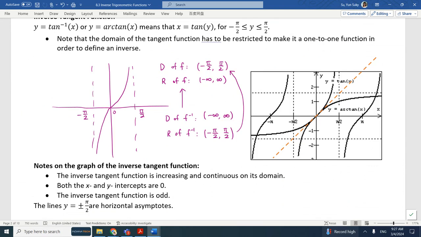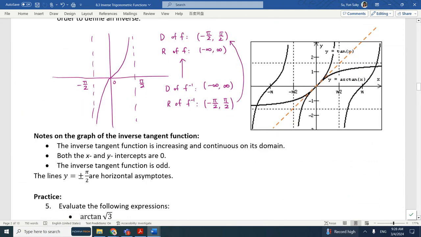These were vertical asymptotes, but when you flip it over, it becomes horizontal asymptotes. And furthermore, you can see the graph is symmetric with respect to the origin.